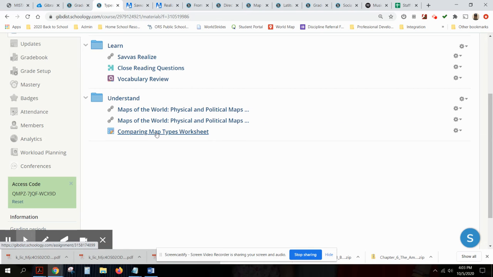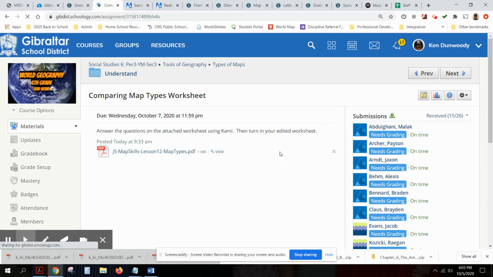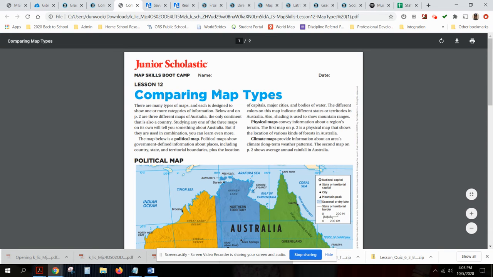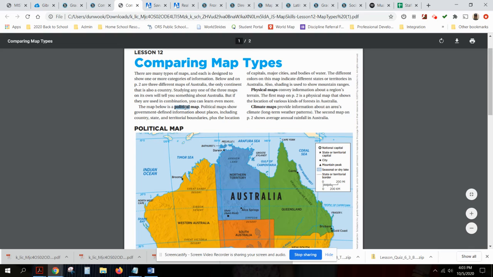Moving on, we go to the comparing map types worksheet. This is going to be the assignment that you turn in for a grade, and so you'll open it with Kami. You're going to be learning about more of the same: political maps, physical maps, and in this case, a climate map, also known as a special purpose map.